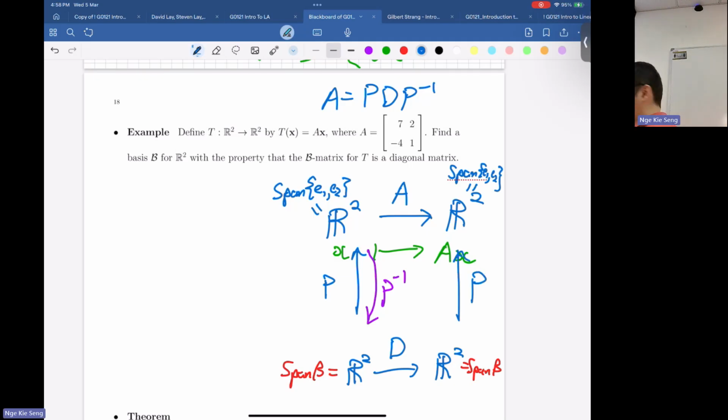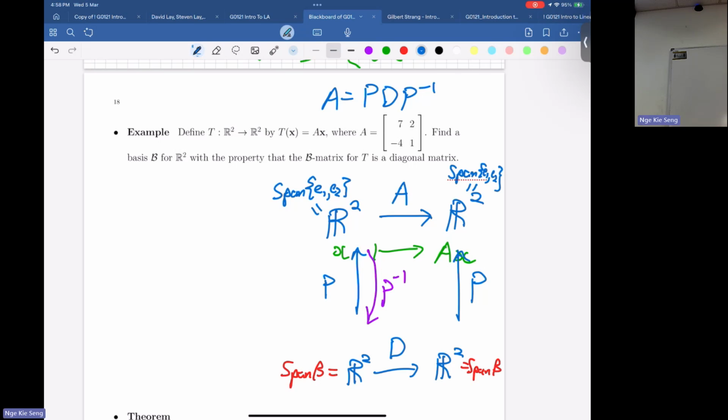So what does it mean here? One way to think about the diagonalization is to think about change of basis of R2 here.